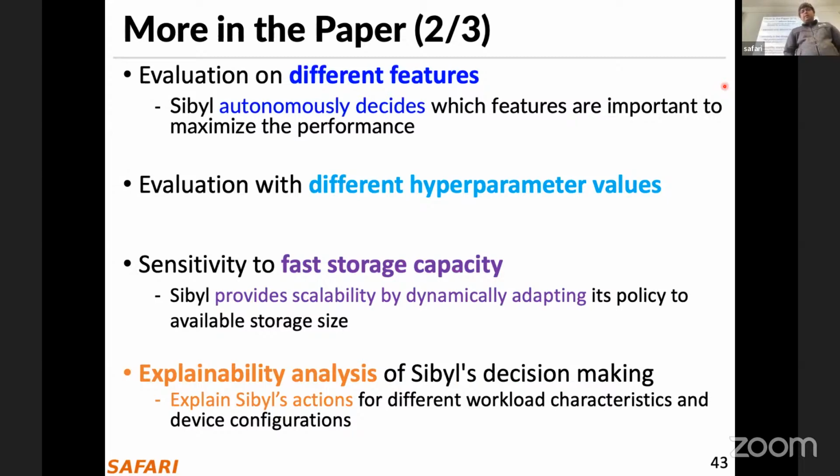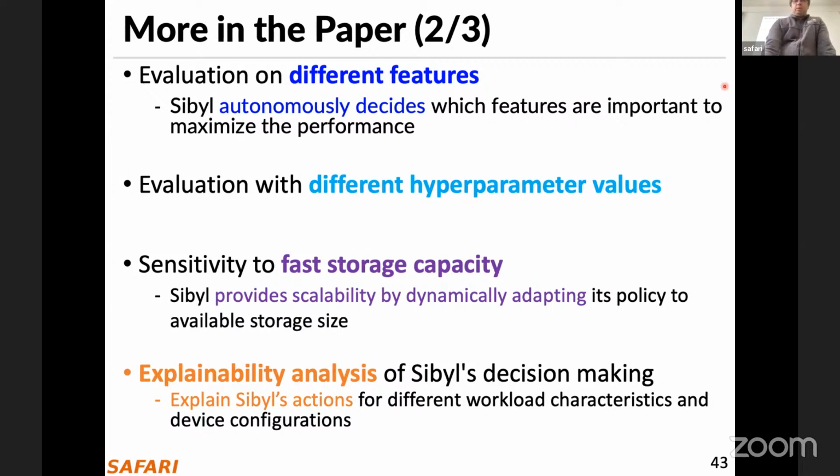We also evaluate using different features and decide on the most important features for the observation vector. And we also show the different hyperparameter values. We do a sensitivity study for the hyperparameter values and show that the chosen values are giving the best performance.